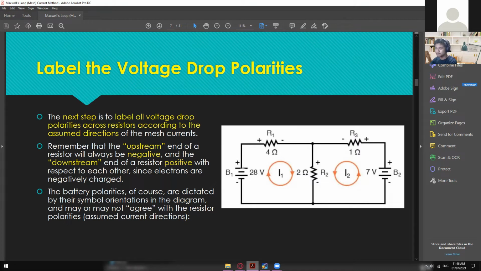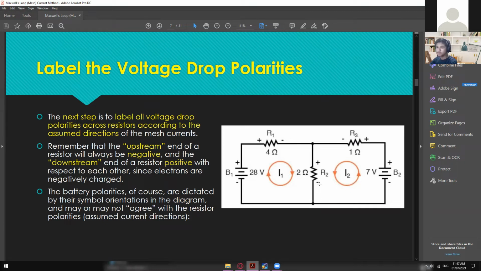So positive is a sign of this one, and then upon crossing this resistor right here, it will give you a voltage drop. So it will become a negative. So the same with this one right here will give you a negative sign. So that's why we have positive and negative. So the same concept on the right side. We have a positive right here and then negative below, and then positive, negative, and then positive, negative.